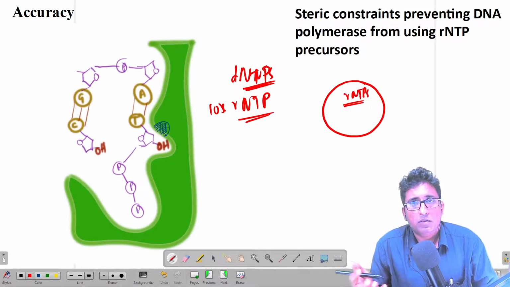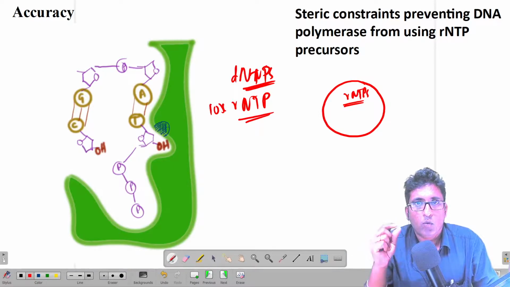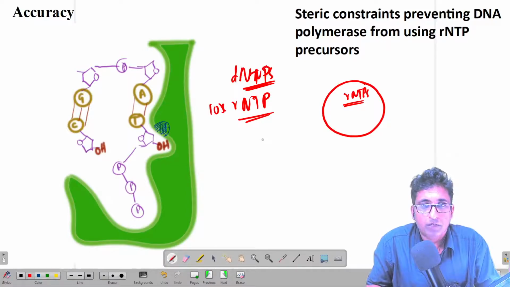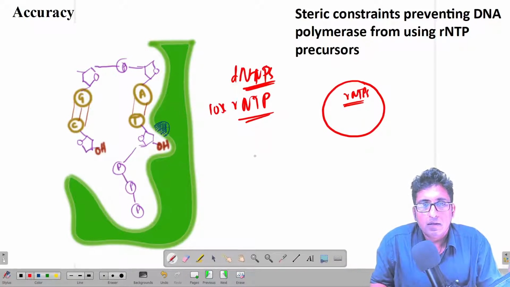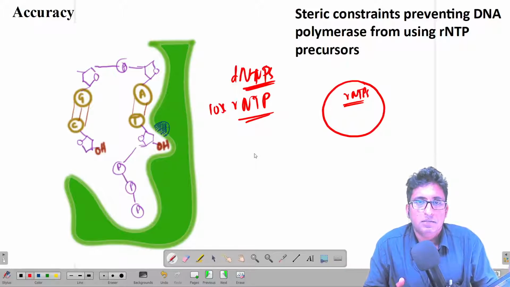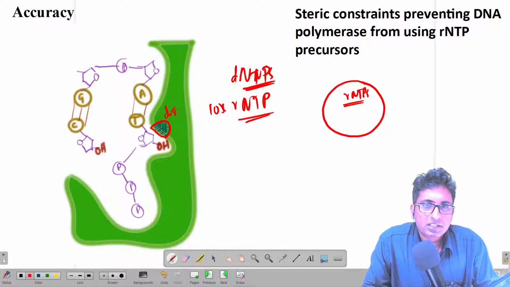The difference between rNTP and dNTP is just that one oxygen in the 2' carbon of the ribose. How does DNA polymerase discriminate dNTPs from rNTPs is the question here. In this case, the DNA polymerase has certain residues here, which are designated as the discriminator region.